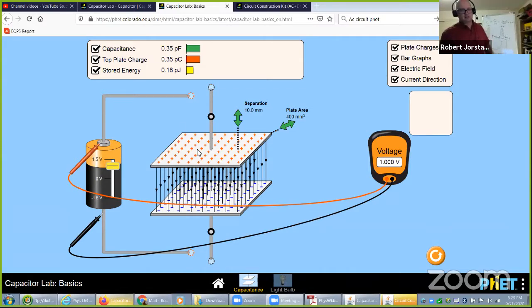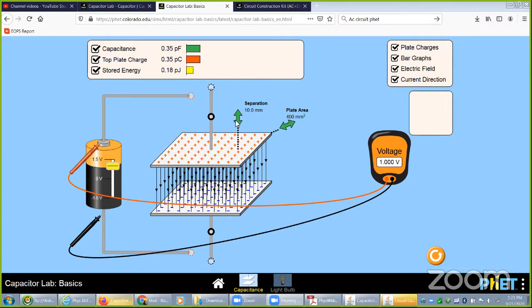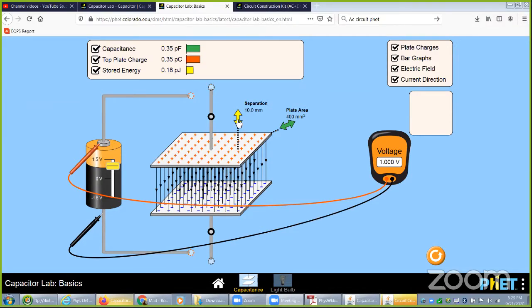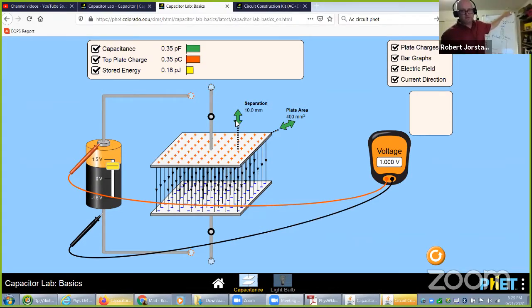So let's think about it. You have the same amount of charge on here, right? Mm-hmm. So, I guess we should be careful here, right? Assuming the amount of charge doesn't change, does the charge density change? No. So if the charge density doesn't change, will the field between the plates change?